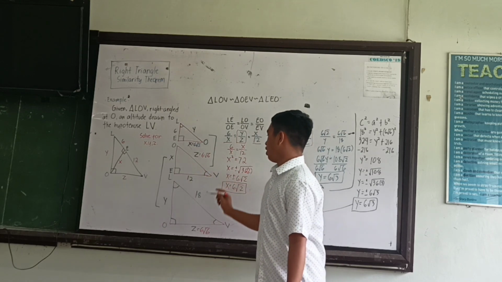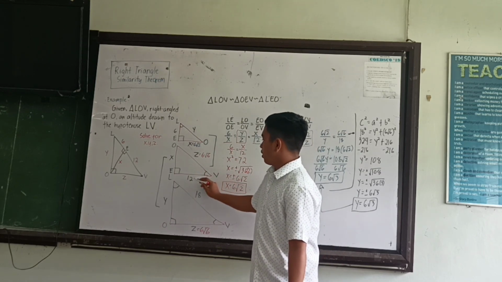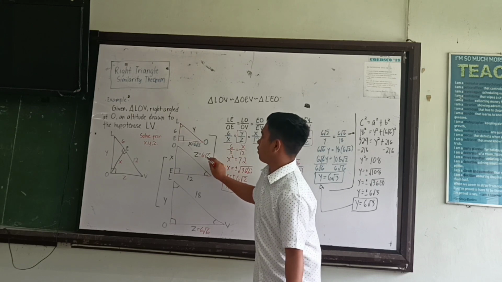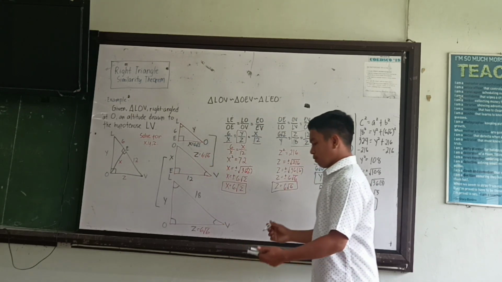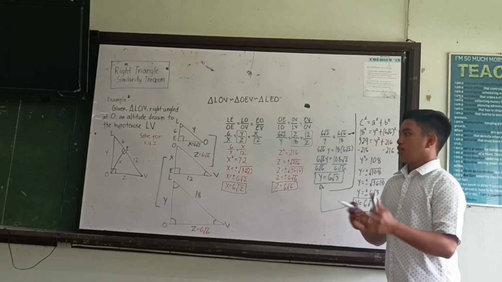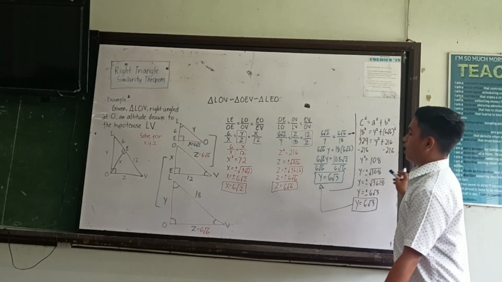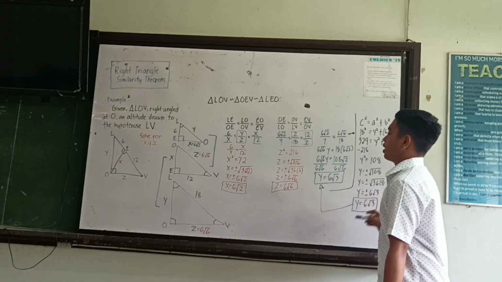Also, for the bigger triangle, the leg is already given and the hypotenuse is given, so you can simply use the Pythagorean theorem to solve for the value of x. So, you can simply use this formula in order to solve the missing values of a right triangle.